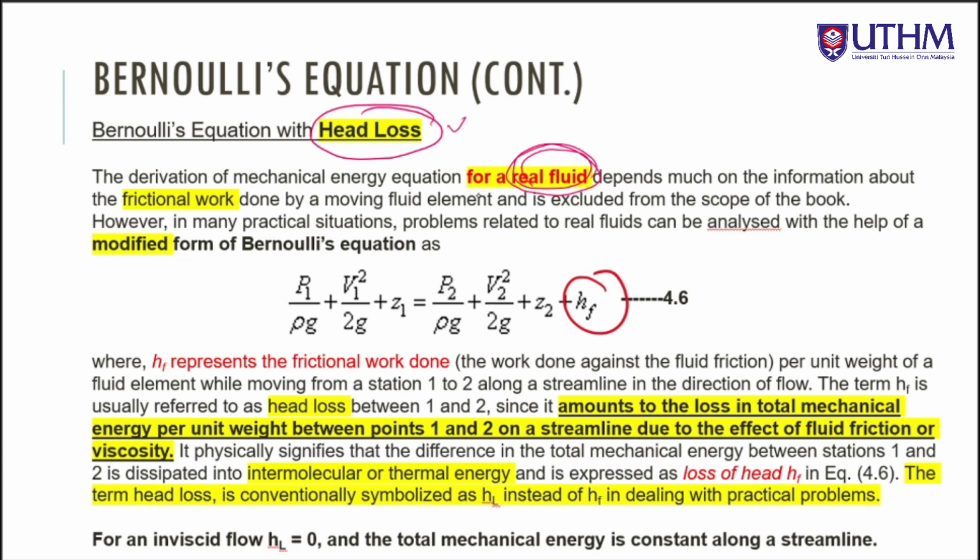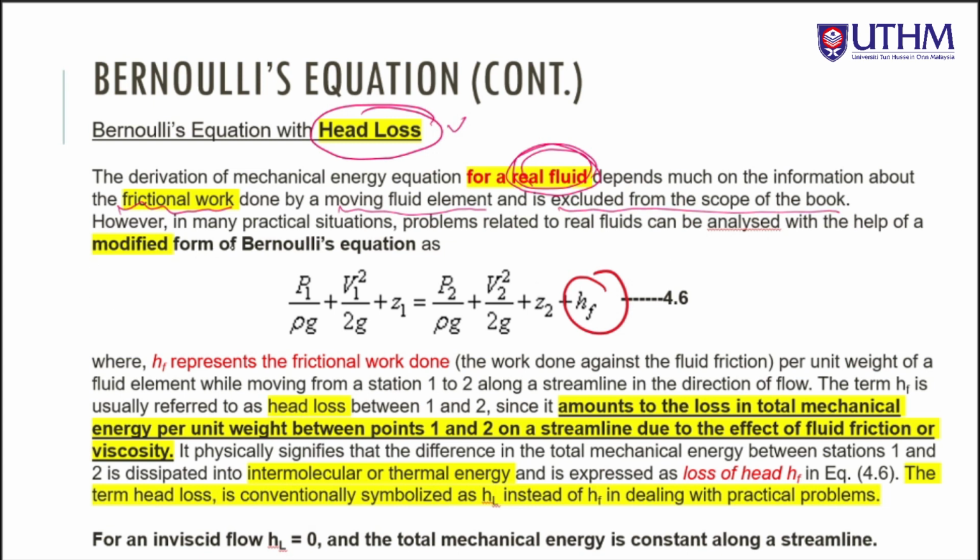When we consider inviscid flow with no viscosity, in reality all fluid flow must have viscosity. So for a real fluid it depends much on information about the frictional work. There must be frictional work done by a moving fluid element, and it is excluded from the scope of the book.